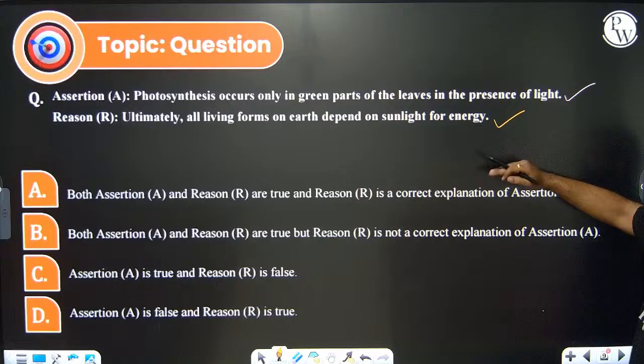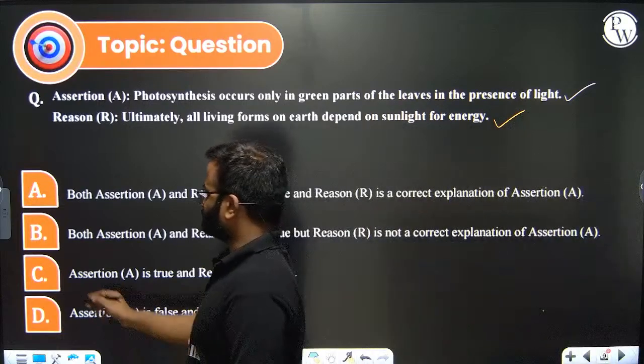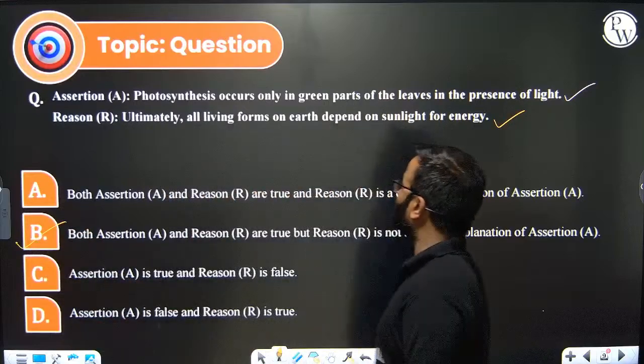But is it explaining the assertion? I don't think so. So I would go with B as the answer.